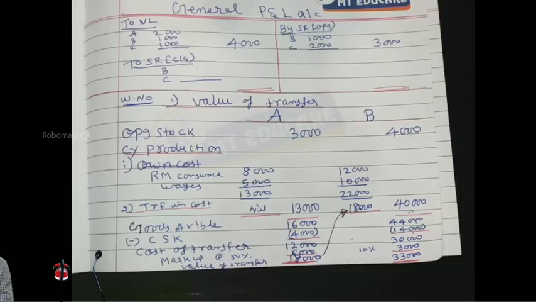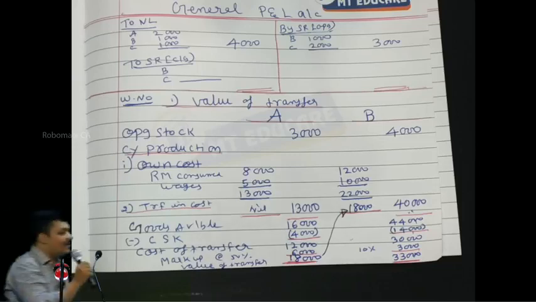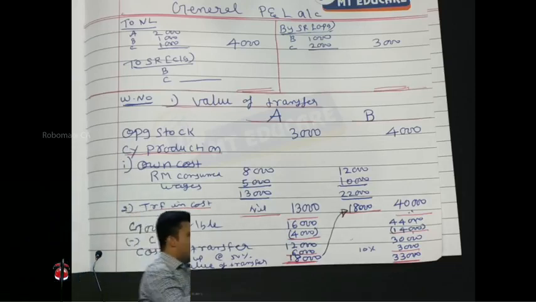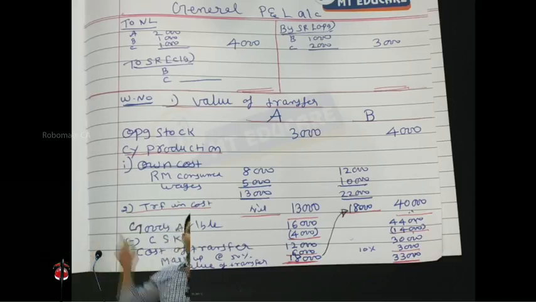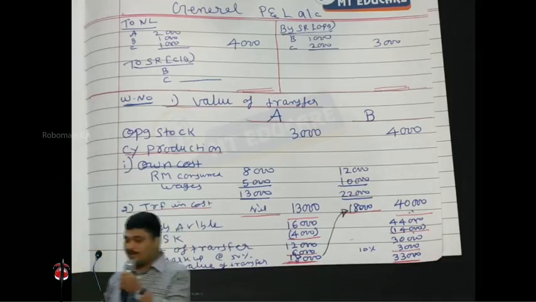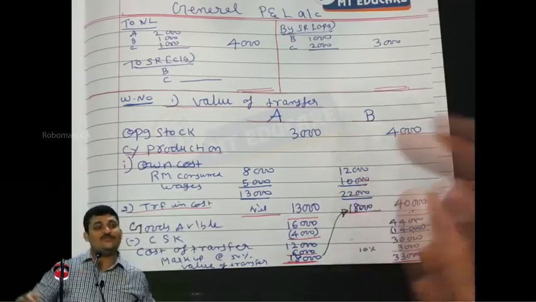Everybody, directly we can't work out 14,000 into 1 by 3. We understand in department B there are two components of cost. In the own cost I don't have any profit. But when I transfer from A, A booked some profit, and that profit is unrealized profit.